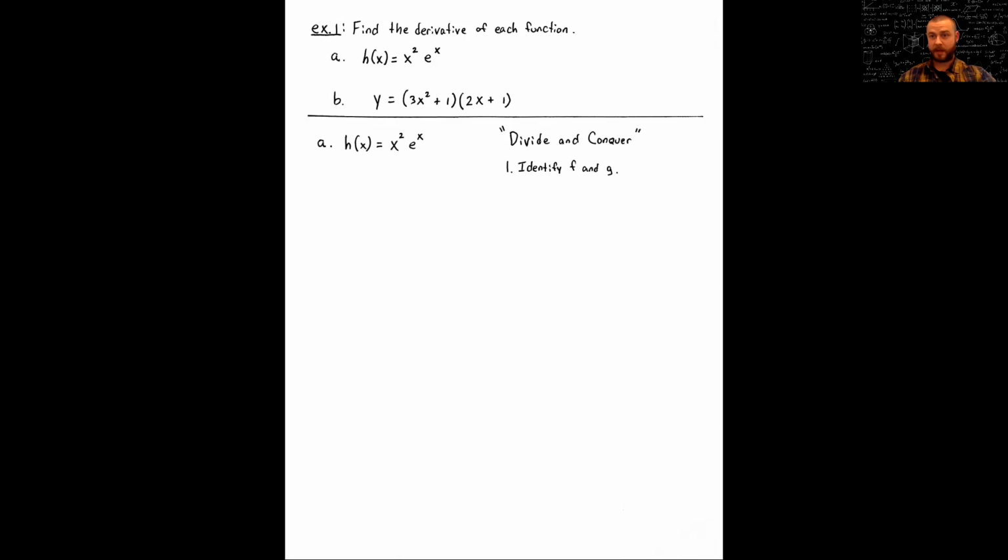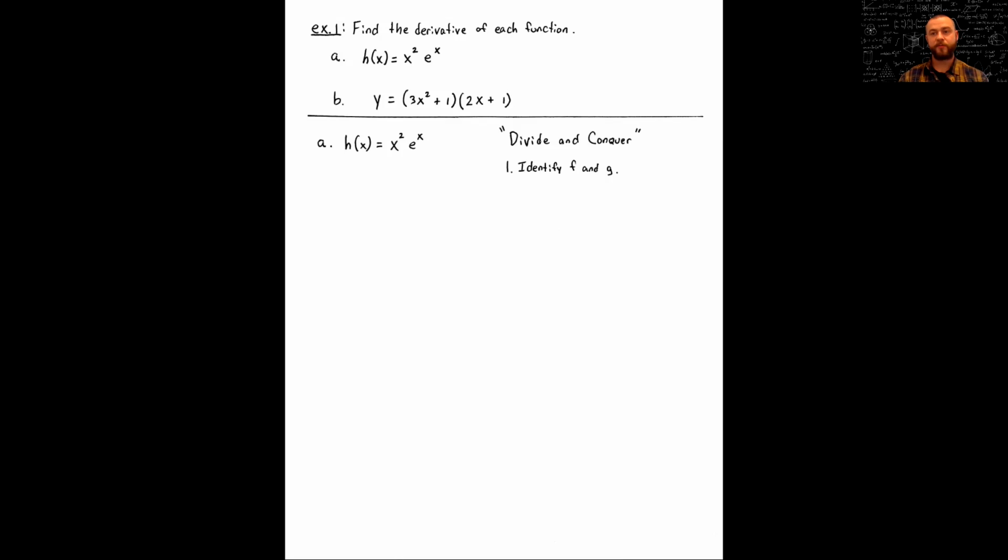For us, it's going to be a mathematics problem. The dividing part refers to splitting the problem into several simpler problems. The thought is take a big, complicated problem, split it into several simpler problems, solve the simpler problems, and then combine them back together, thus conquering, solving your problem, the original complicated one.